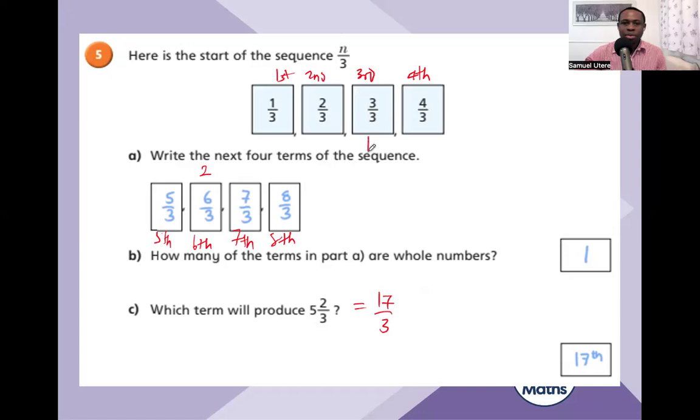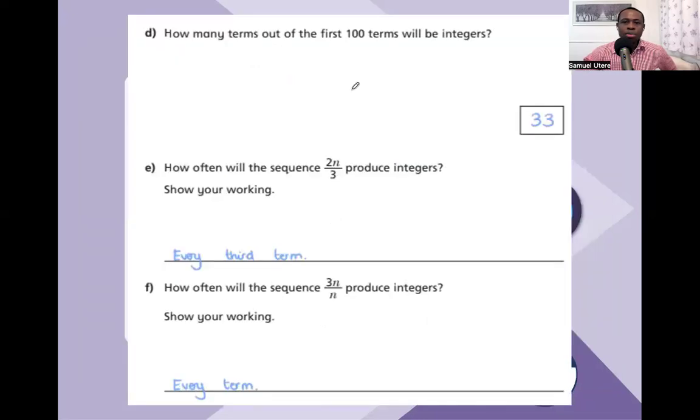The 3rd term was 1, because 3 divided by 3 is 1. The sixth term was 2. So notice that the multiples of 3, because this is the third term, and you can see the sixth term, that is a multiple of 3. So the multiples of 3 seem to be producing the integers.